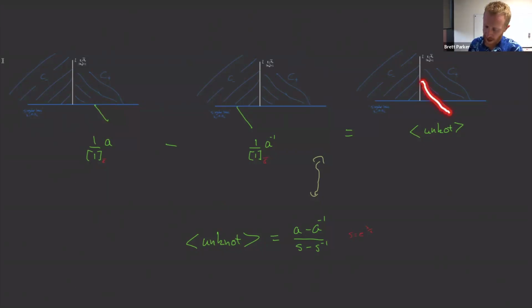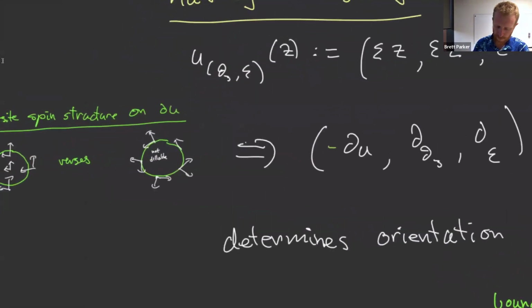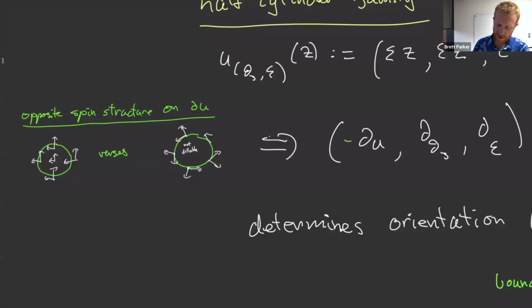These ones are the half cylinders, and again, orientation is very easy to work out explicitly, but you need to be careful in that the spin structure that we were using before is given by trivialization, which goes around in this circle direction.